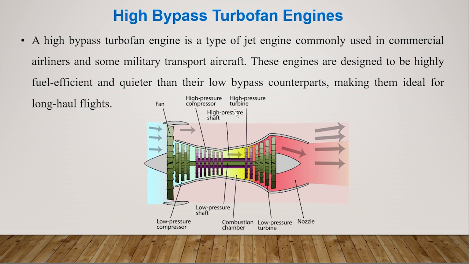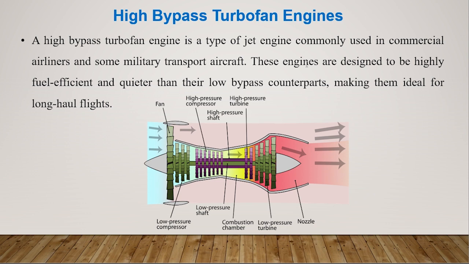The bypass ratio starts from 4 to 1 for the high bypass turbofan category. At the initial range it starts with 4 to 1, so 4 kg of bypass air and 1 kg of air passing through the engine core. I hope you can understand. That is the meaning of a high bypass turbofan engine.